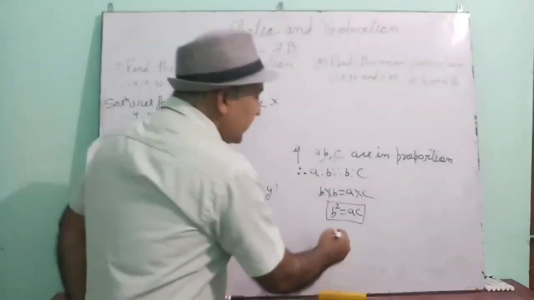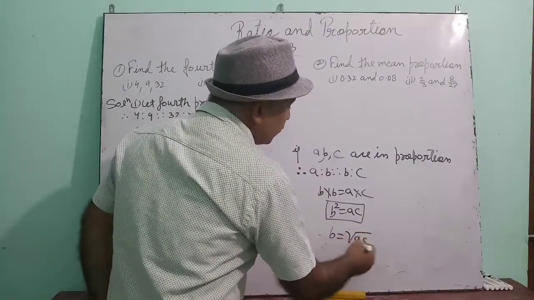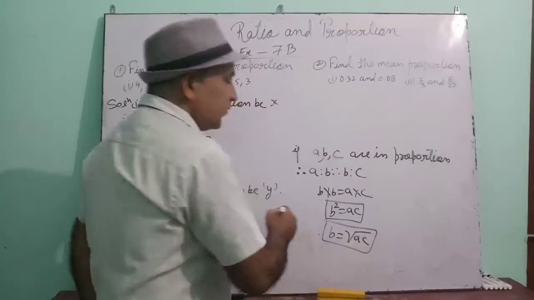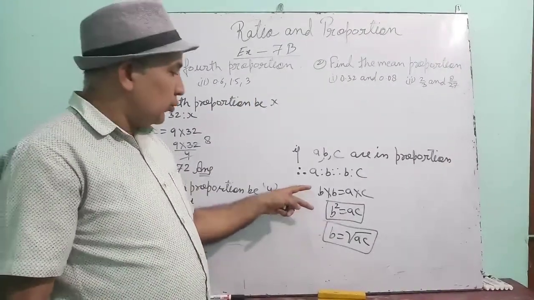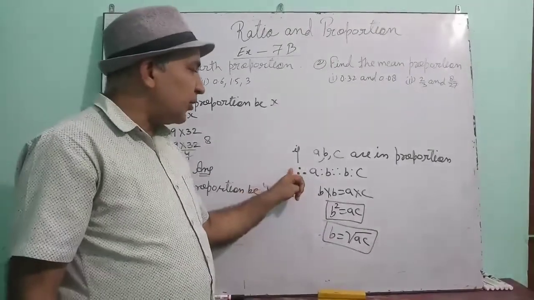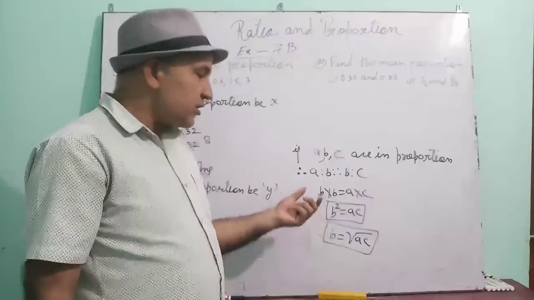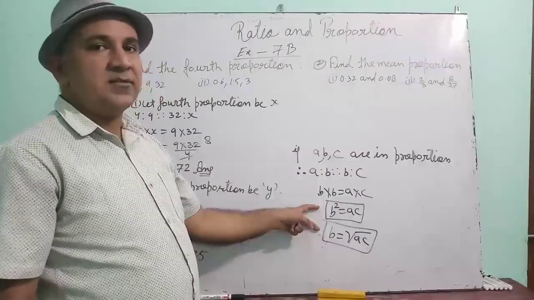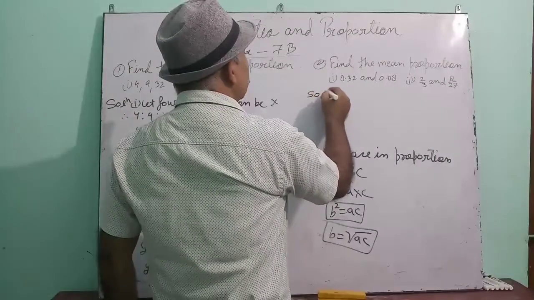Okay? Otherwise you can also say that B is equal to square root of AC. So these are the two formula that you have to remember. Though both the formula we have got from the idea of proportion, but to make our calculation short, we can use these.